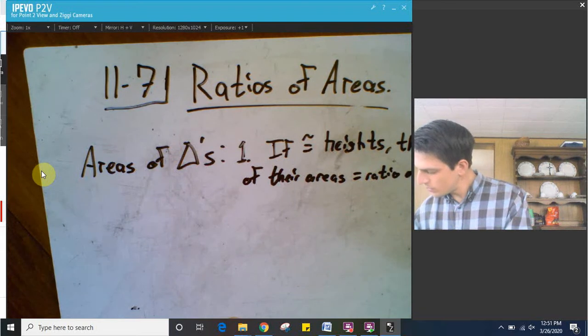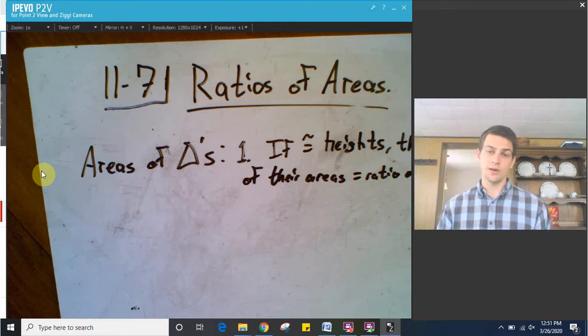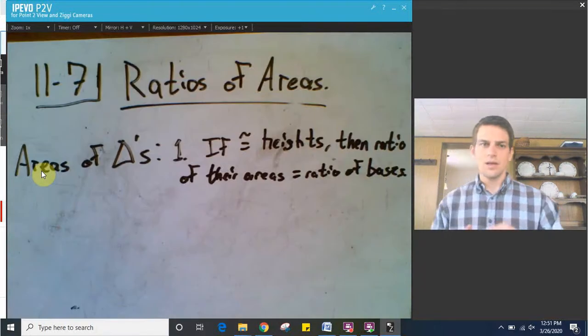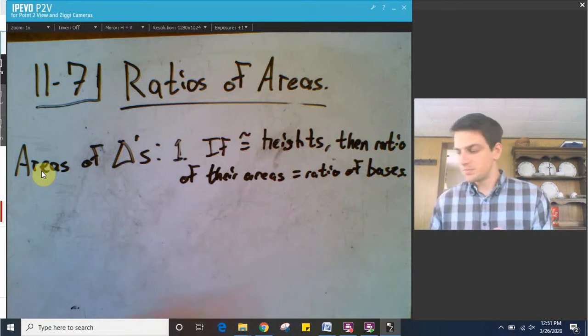So in our example, we found that we had a ratio of 1 to 2, and the area also had a ratio of 1 to 2. Okay, so that is the first example.